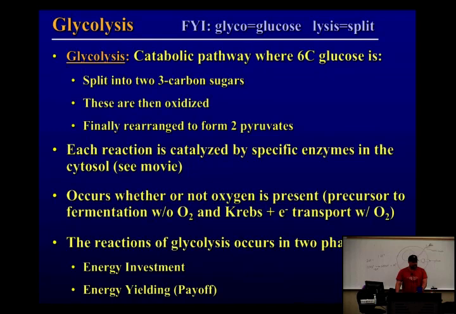Lose an electron, what are you? So these are losing electrons. Remember I told you the glucose loses the electrons, and where do they go? NAD plus to make NADH. Excellent. And then they're rearranged into 2 pyruvates.